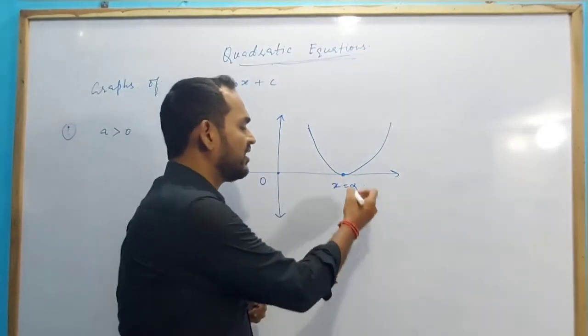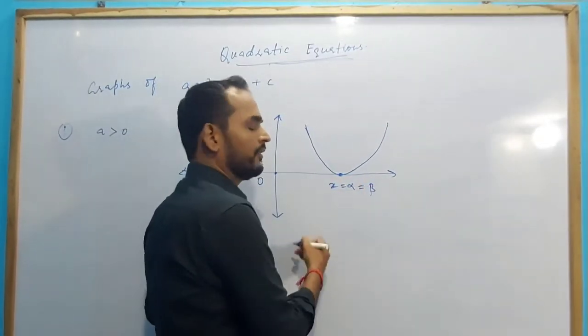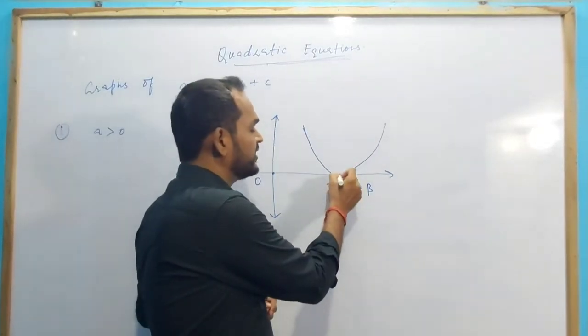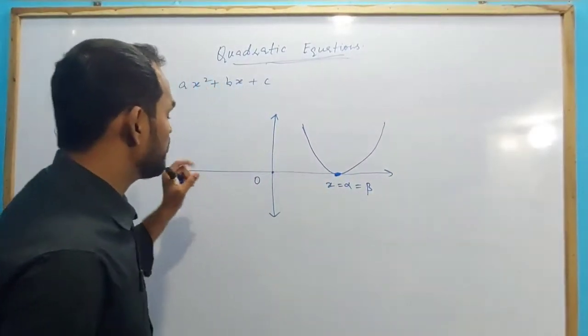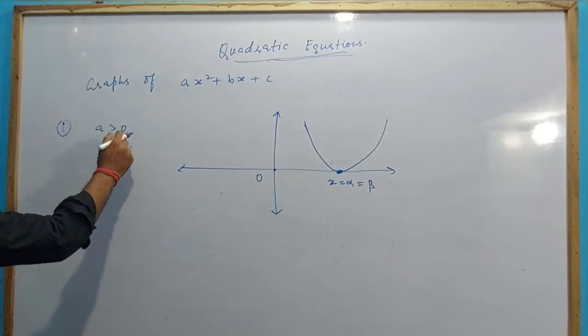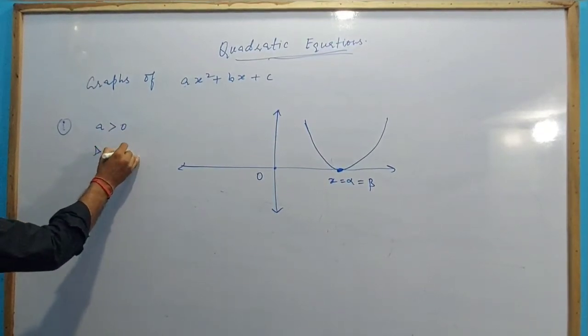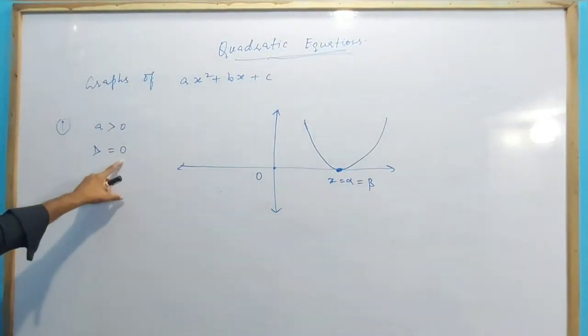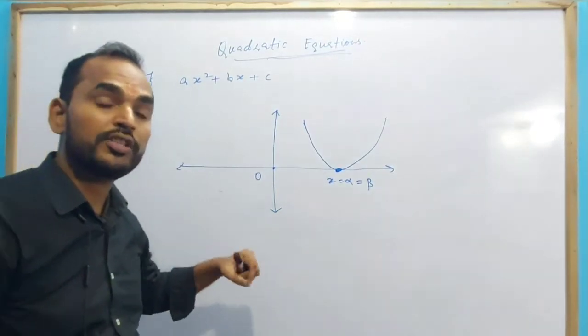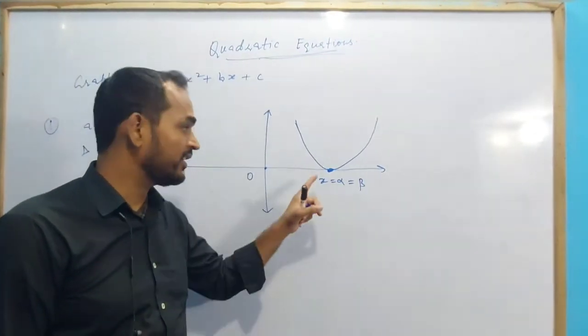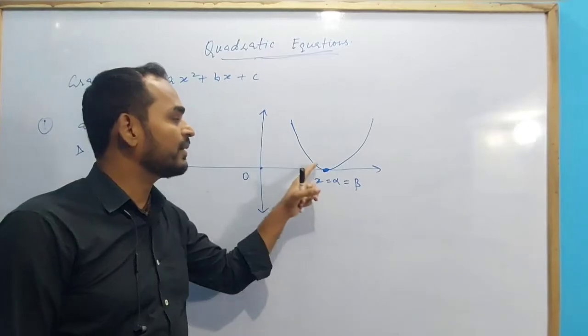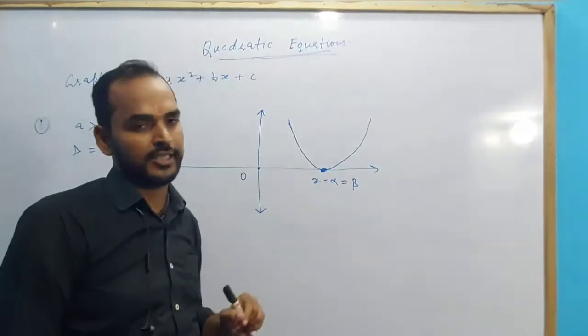It means alpha equal to beta. So what does it mean? a greater than 0 and D equal to 0. When D equal to 0, the roots are equal, and at that time the parabola will simply touch the x-axis.